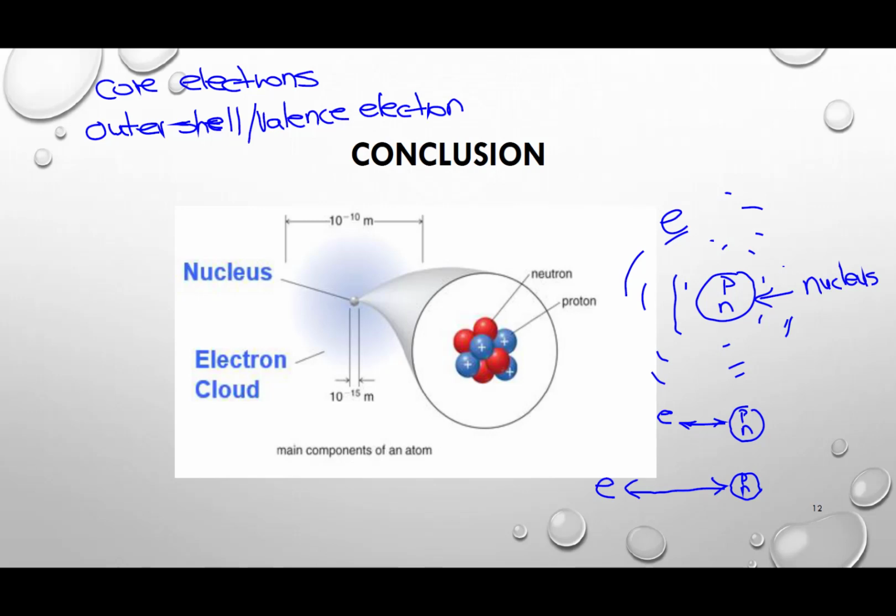Valence electrons are those electrons at the outermost layer. They are at the outermost layer, whereas core electrons are the rest of the electrons.